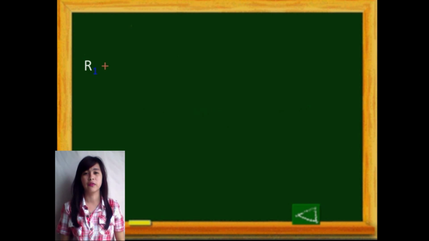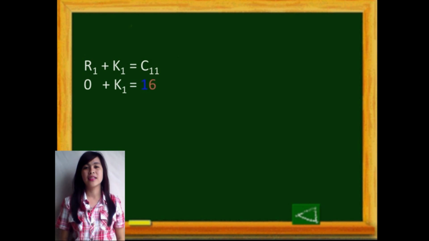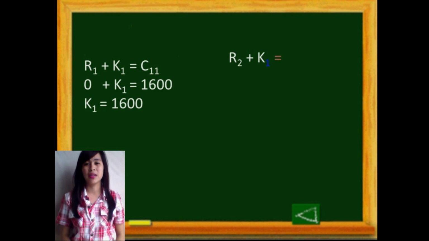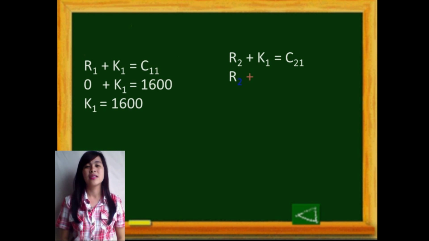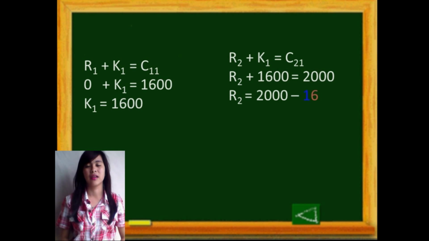Now let us compute the values. R sub 1 plus K sub 1 is equal to C sub 1,1. 0 plus K is equal to 1,600, so K sub 1 is equal to 1,600. Next, R sub 2 plus K sub 1 is equal to C sub 2,1. And R sub 2 plus 1,600 is equal to 2,000.